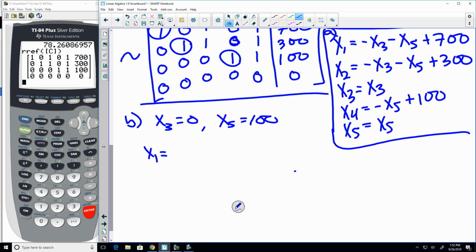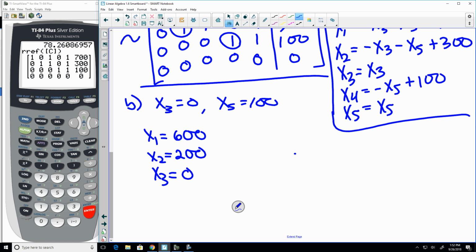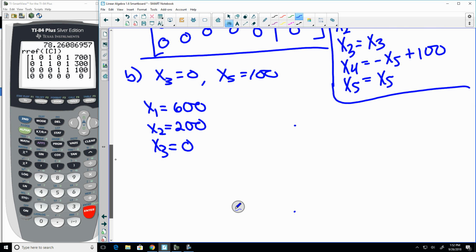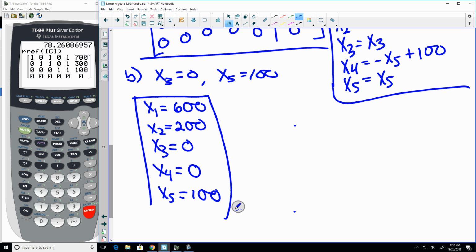What does that give me? 600. X2, 0 minus 100 plus 300, that would be 200. X3 is 0. X4, X5 is 100, so negative 100 plus 100 would be 0. And then X5 would be 100. So that's the traffic flow if X3 is 0 and X5 is 100.